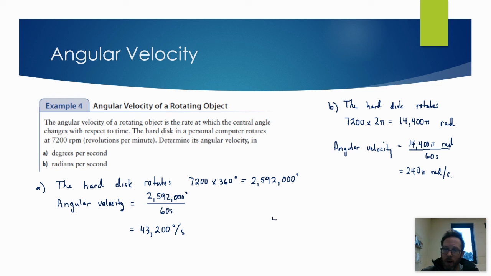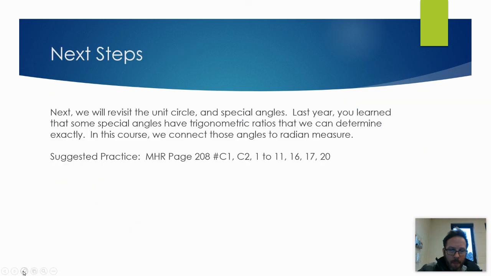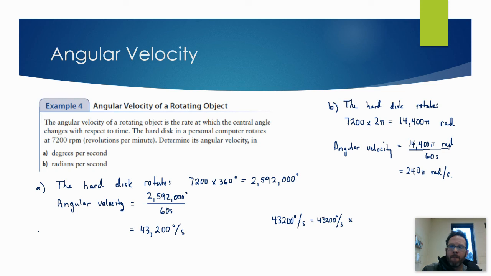An alternate way of doing this question would be to take 43,200 degrees per second and multiply by our conversion factor of pi over 180.